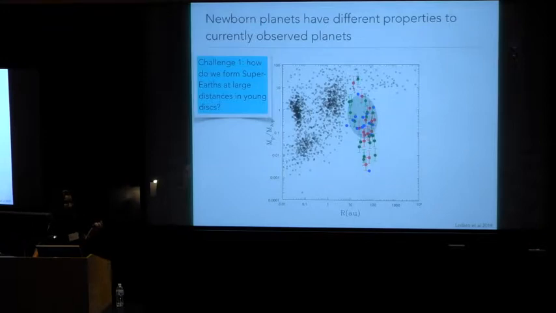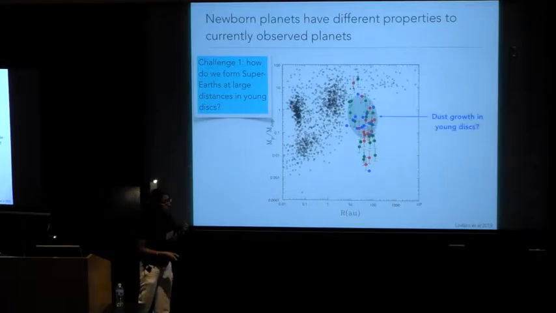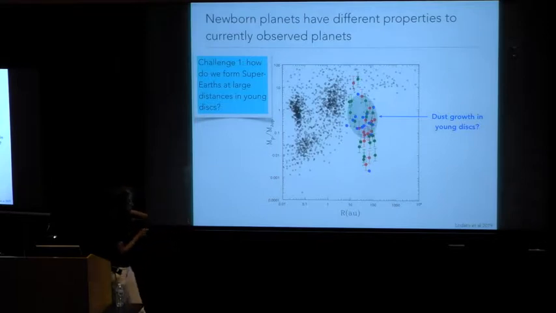And the question is, how do we actually form these planets at large distances? And in some cases, some of those disks are quite young, so also in young disks. Kathy already talked about this in detail, so I'm just really going to put up my thoughts on this, which is that I do think that we need to consider dust growth in young disks.